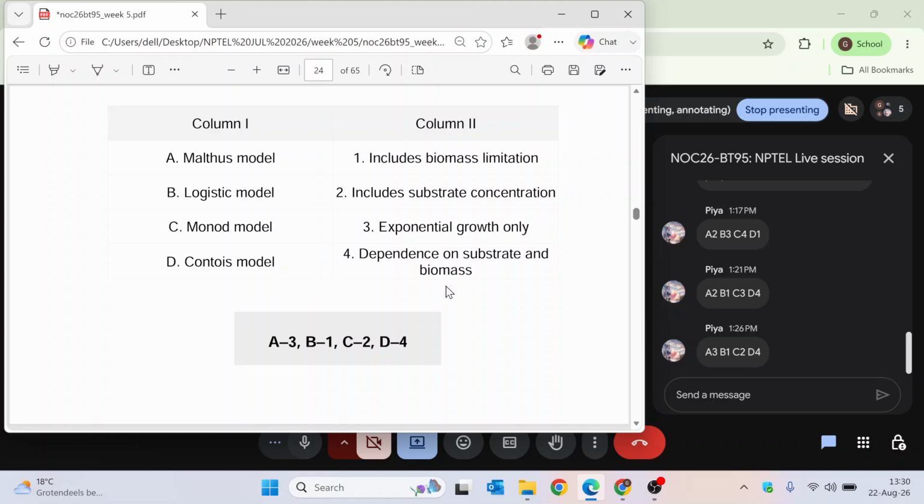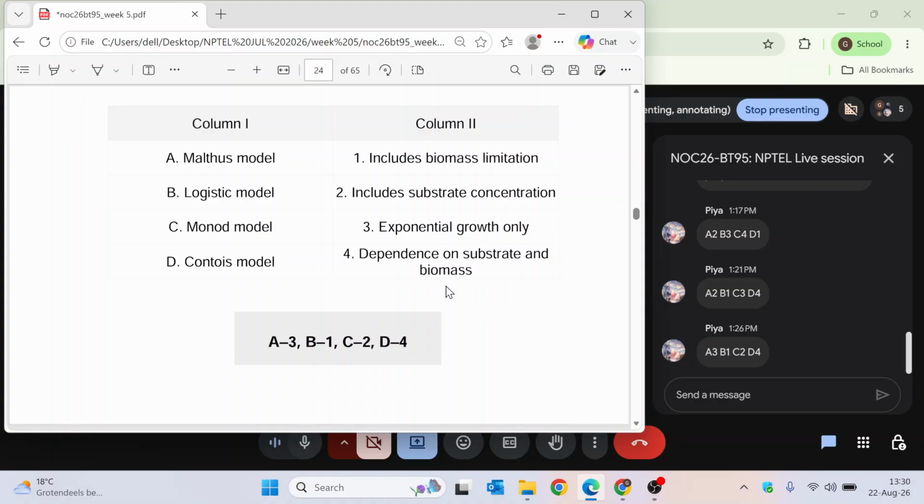And now in the next model, they tell that not only the microbial population decides the growth, it's also the substrate available that decides the growth of the microorganism. So here they include a term of S, and the equation goes to be mu is equal to mu max S by Ks plus S.